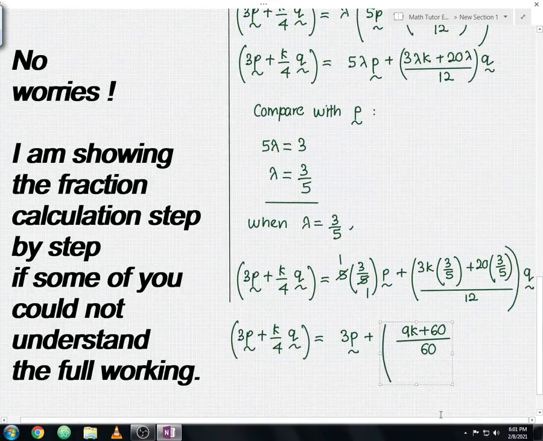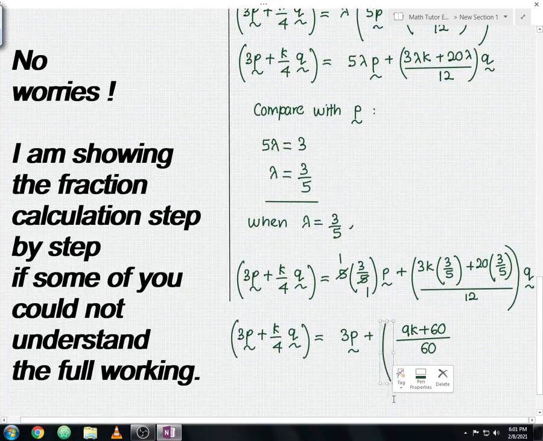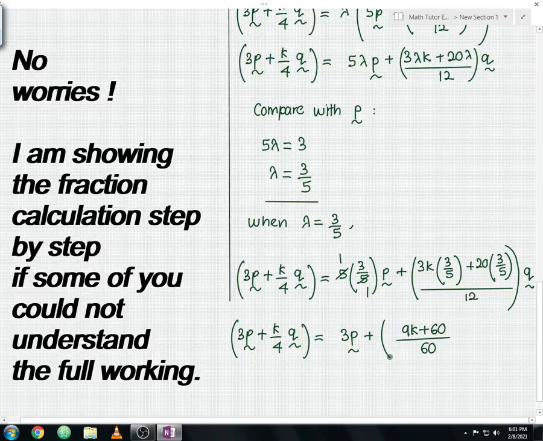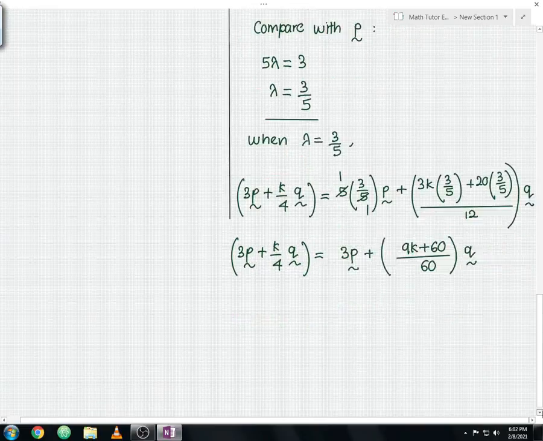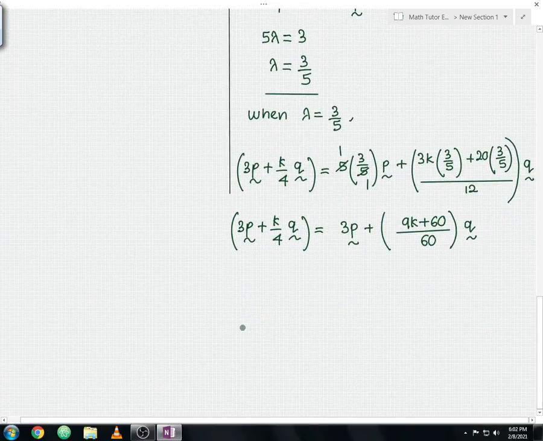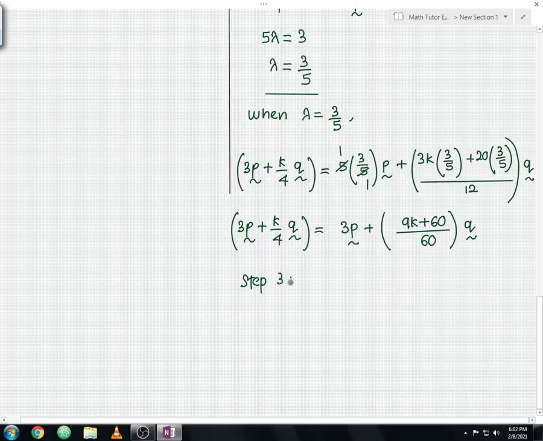So please wait. So 9k plus 60 over 60 component Q. So this is your working. So now what we're going to do is step 3, we're going to proceed to find the value of k. So let me write down the working now. So step 3, find the value of k.